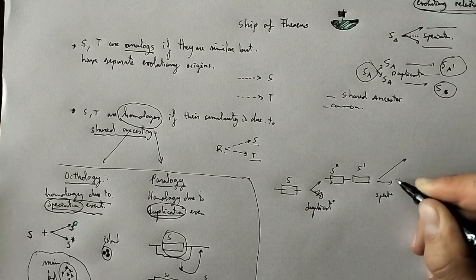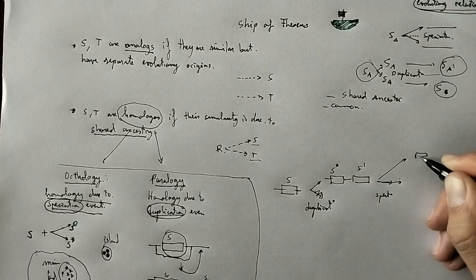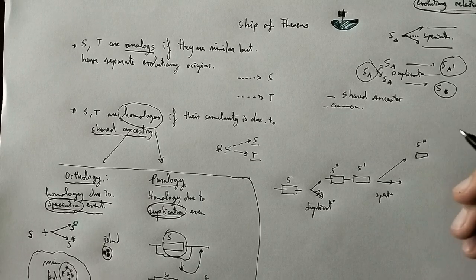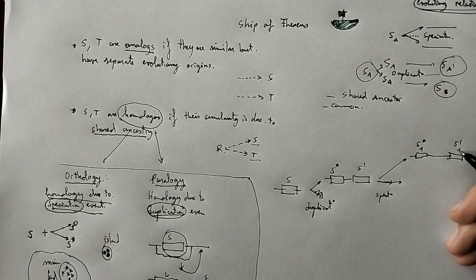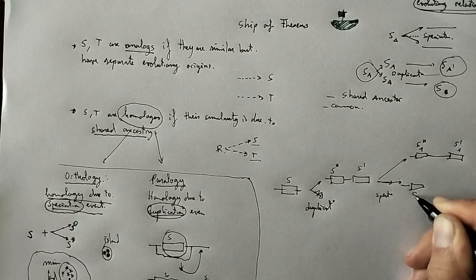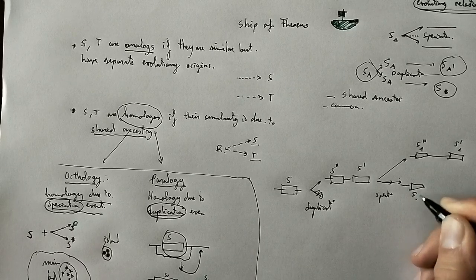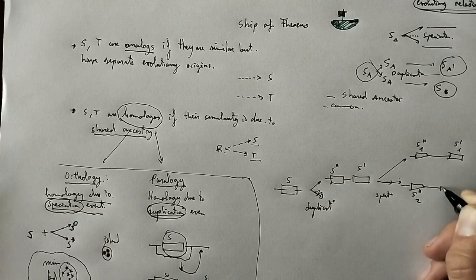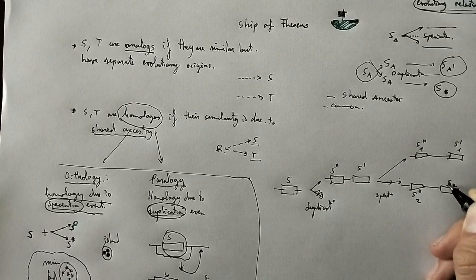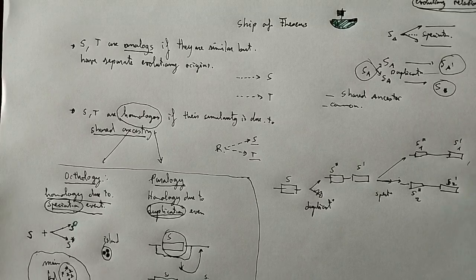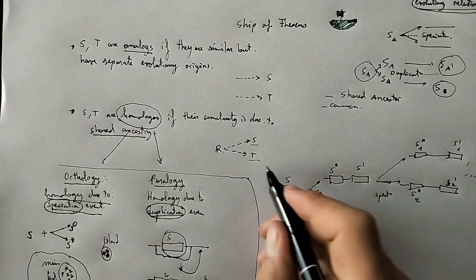So now we will have 2 variants, so we'll have S second 1, let's say, for the first species, S prime 1, S second 2, and S 2 prime. And you can have another event of duplication and so on, just to give an example.